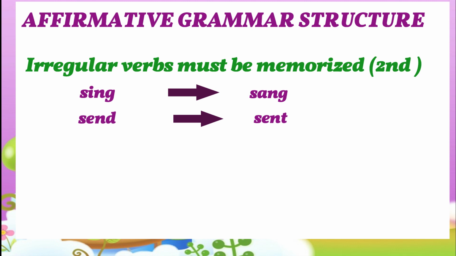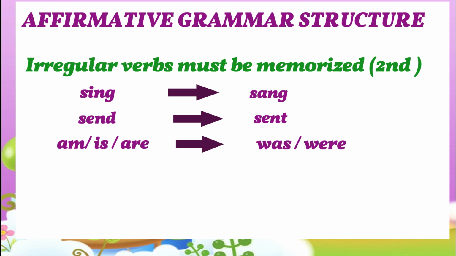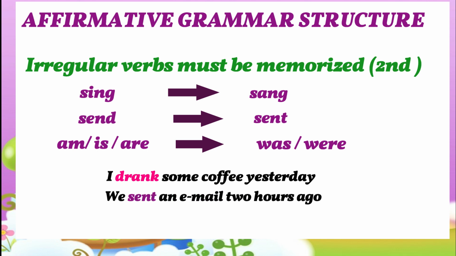To be, and we saw it in a previous lesson, we have in the present is, are, but the past goes like this, was or were. Look at these examples. I drank some coffee yesterday. We sent an email 2 hours ago. He was happy last night.